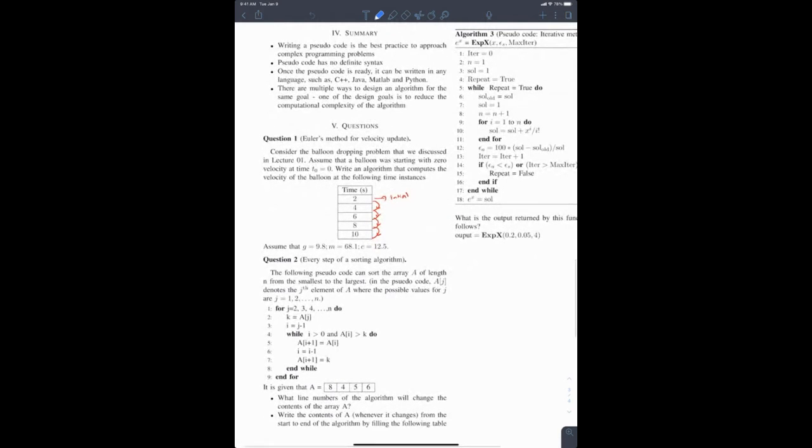What is happening here is, you start with the first element, and you go in this direction every time. If you want to order them in increasing order, you start with this and look at 8 and 4. 4 is smaller than 8, so you switch them, 4 and 8, 5, 6. Then you go to the next step.